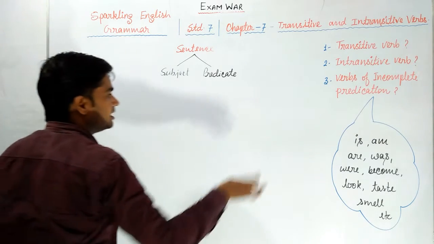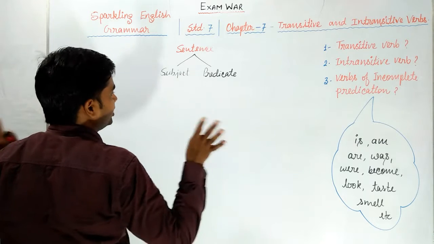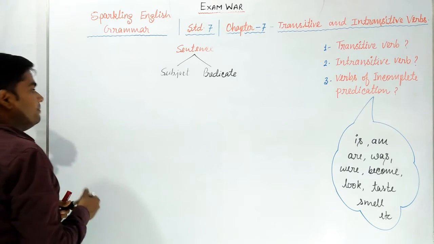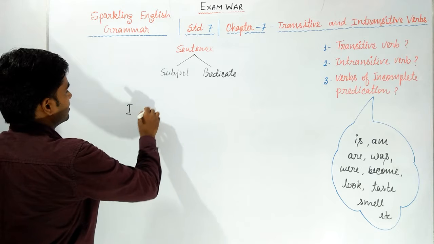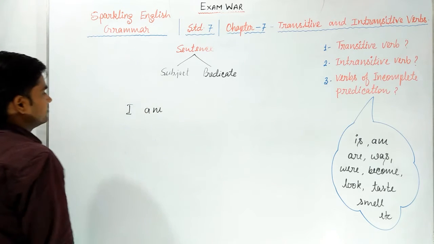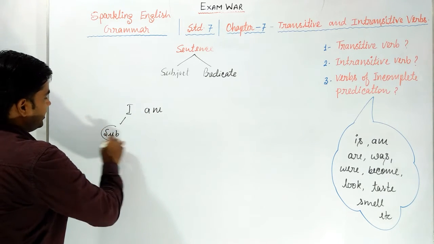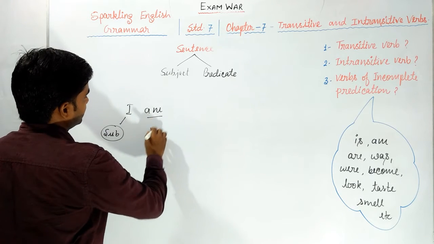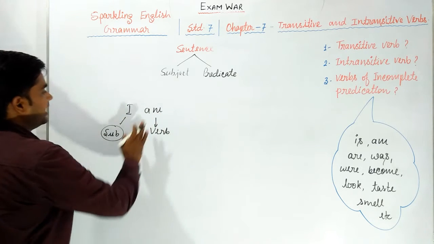So let's have some examples of how they are verbs of incomplete predications. For example, if I write I am, what is the subject here? Subject is I. Verb is am.